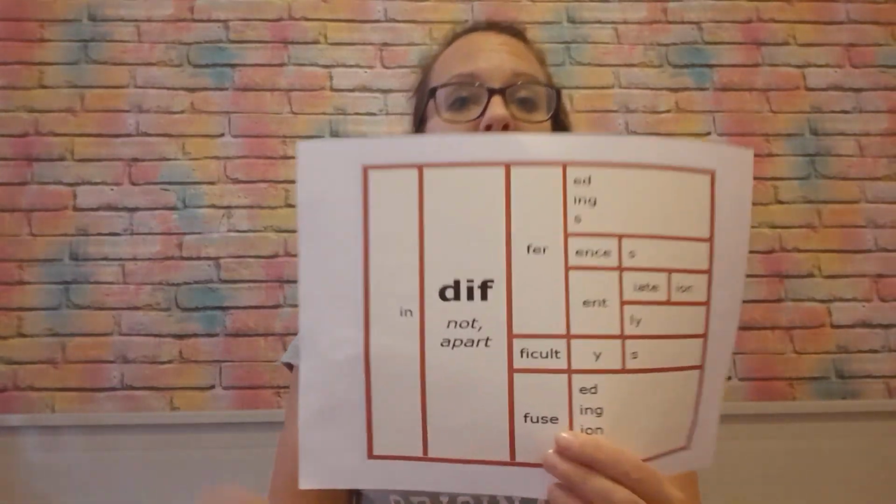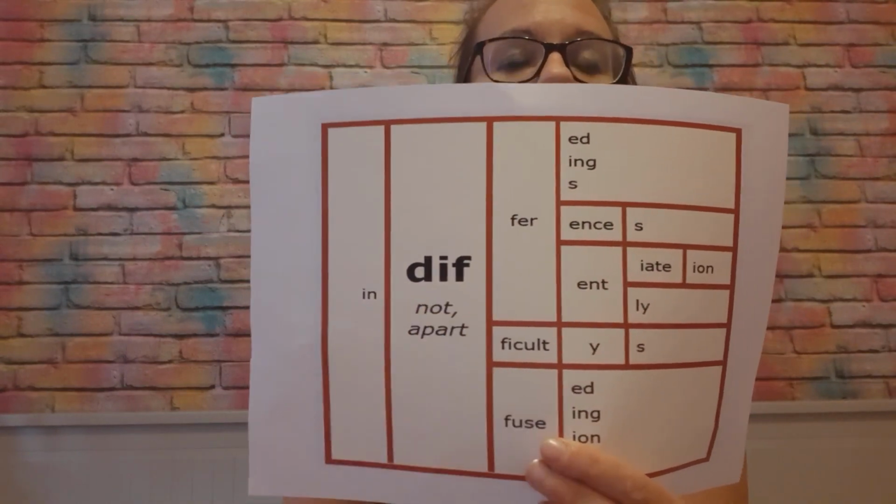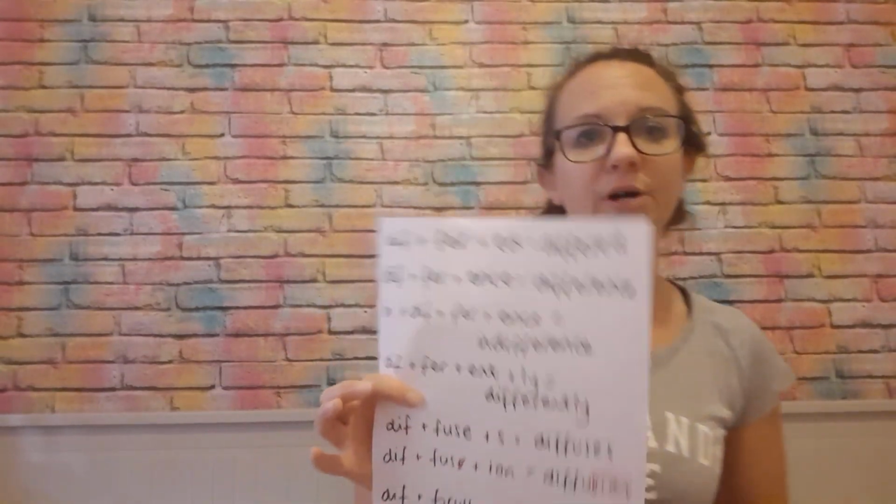So we'll talk about diffusion being a bit of a science word where things go out and are poured away from, but there are main pathways, and you can see all these start with F's, which is why it is diff and not dis. Okay, so let's go to our word sums.